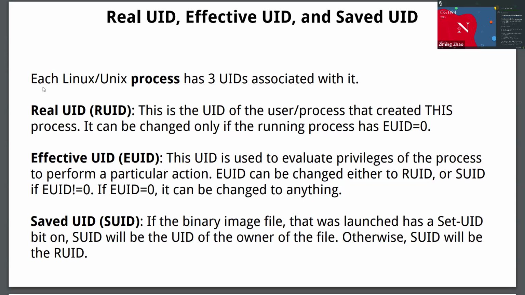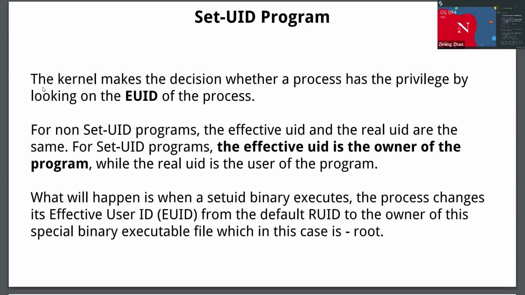Okay, then the effective UID. In most cases, the effective UID is the same as the real UID, except for something called set UID programs. So that's what we are going to talk about, set UID.